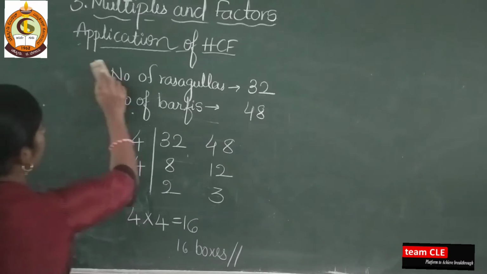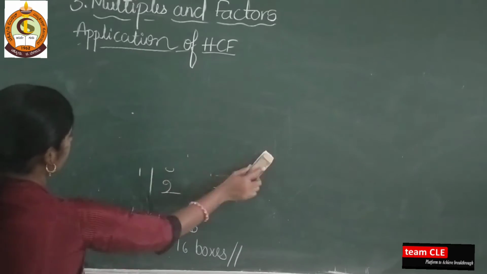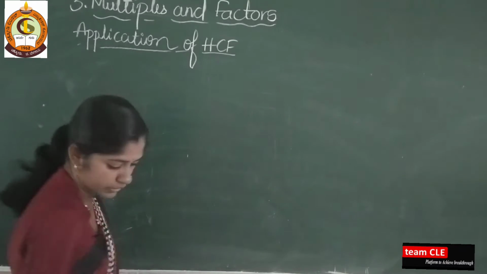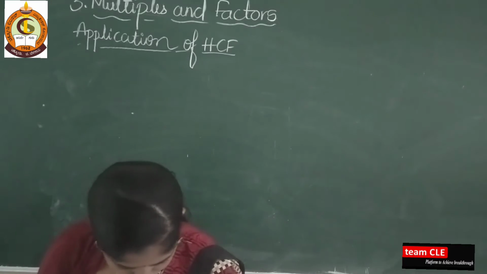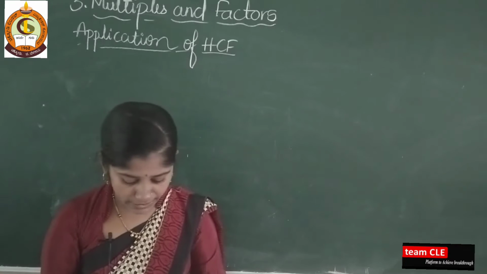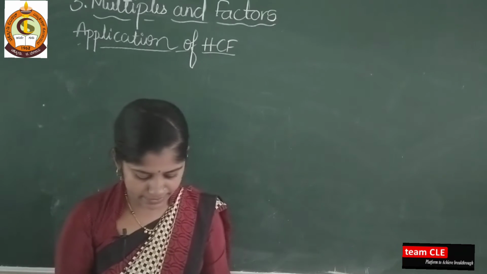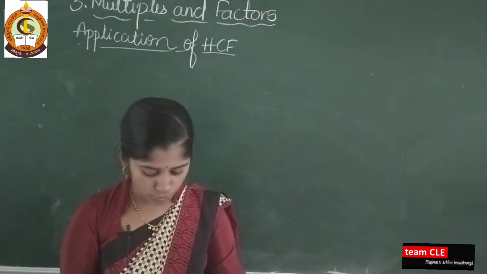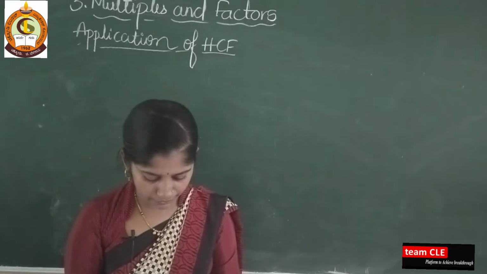Let us solve one more example from your My Practice Time 2. Find the greatest possible length of a wire which can be used to measure exactly 56 meter, 42 meter and 70 meter.